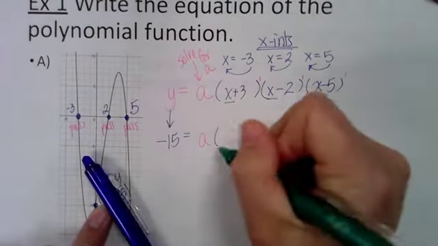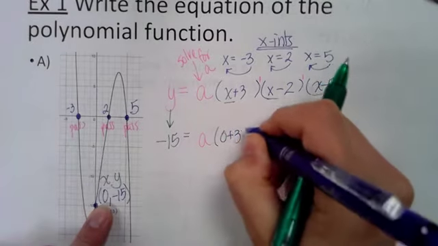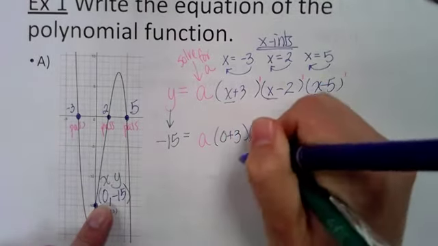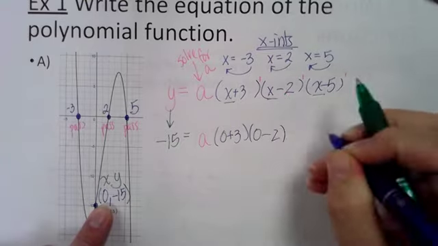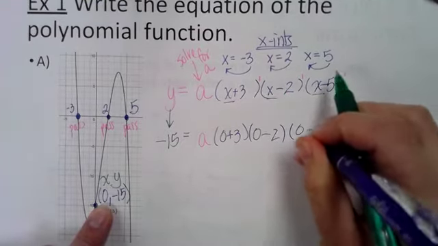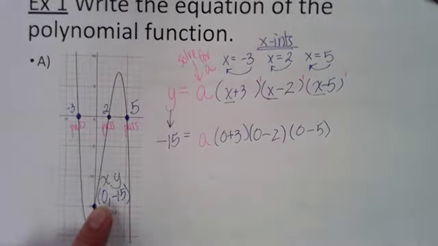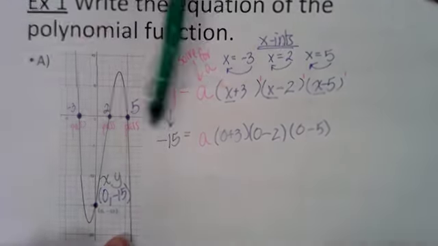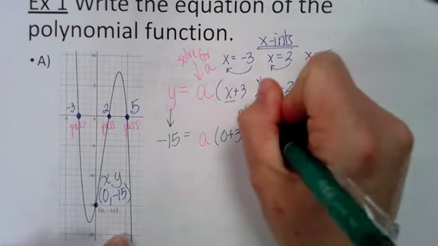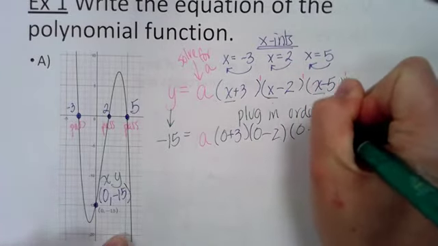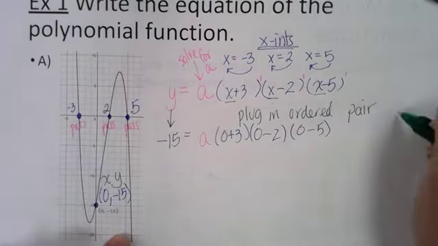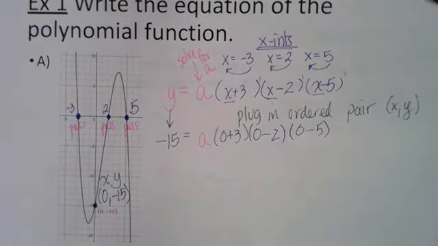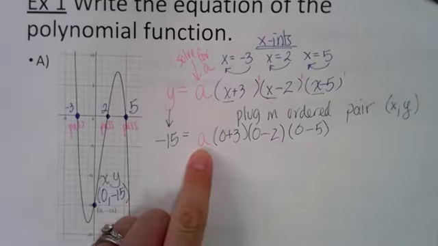So I have 0 plus 3, 0 minus 2, and 0 minus 5. All right, so we are plugging in the ordered pair for x and y. We're going to plug in the ordered pair that's on our curve, and you'll notice here, a is the only thing left. So we can figure out the a value.